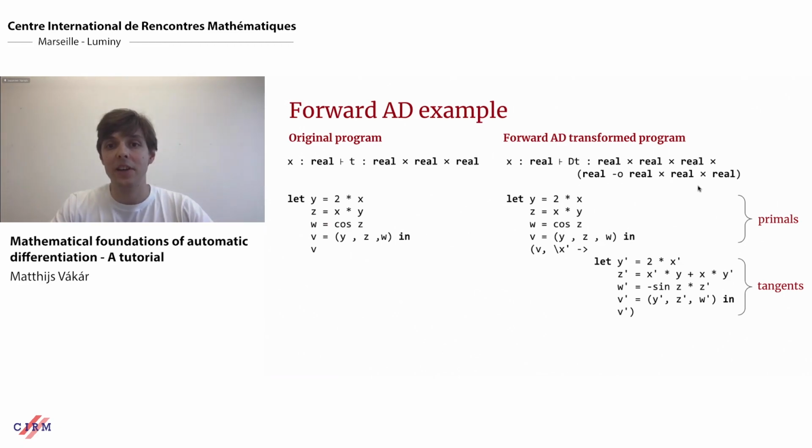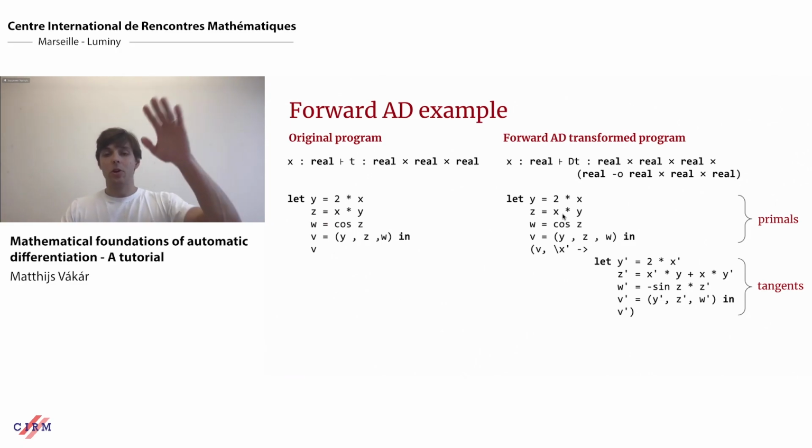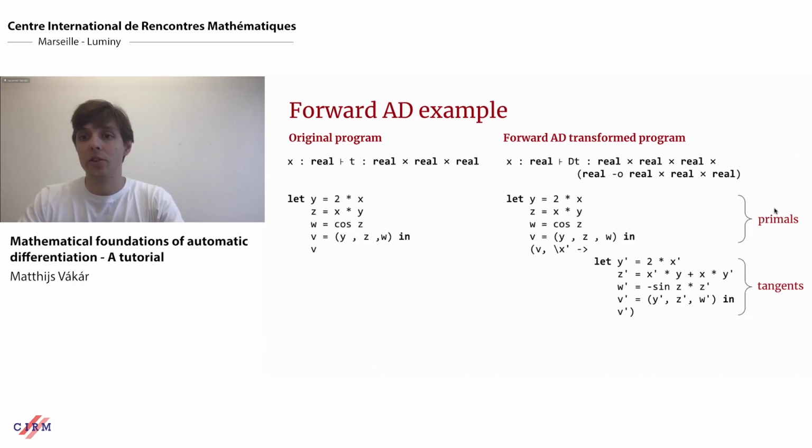And what we see is that if you do a little bit of syntactic simplification, the algorithm I just wrote down generates this code. So it just runs the original code first. We tend to call this the primal pass in the automatic differentiation literature, you see that this is really identical to the original program.